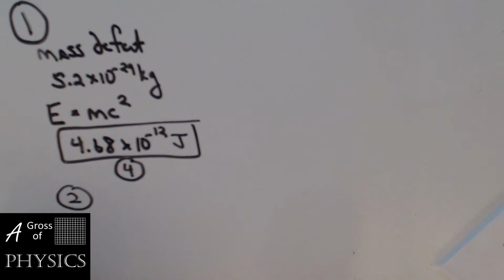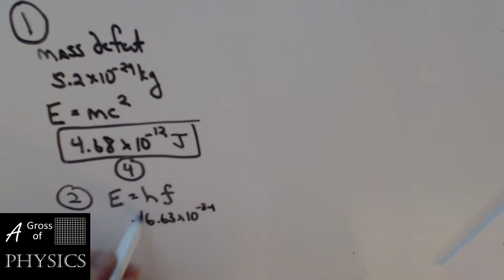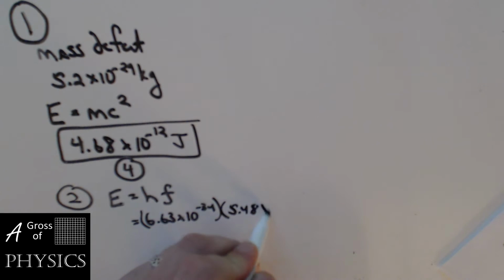Number 2. A photon with a frequency of 5.48 times 10 to the 14 hertz is emitted in a mercury atom. What's the energy? Well, energy of a photon can be calculated by doing E equals hf. h is 6.63 times 10 to the negative 34. And f in this case was 5.48 times 10 to the 14 hertz.